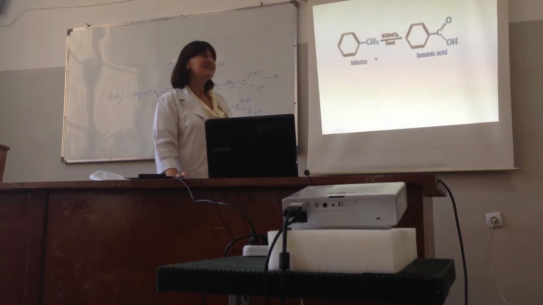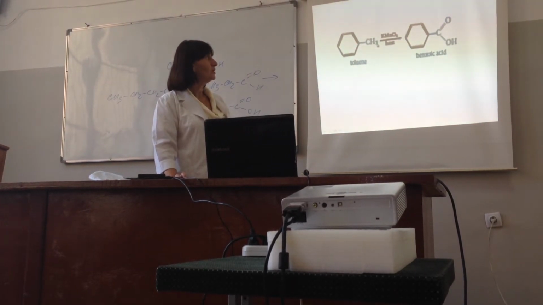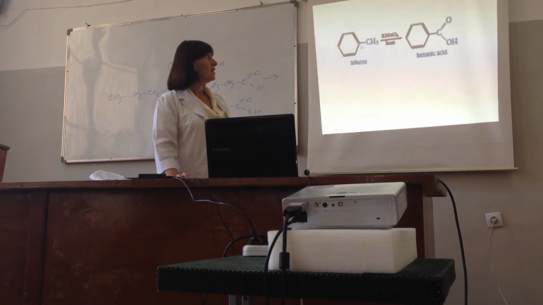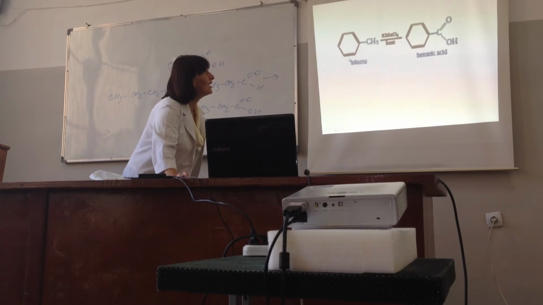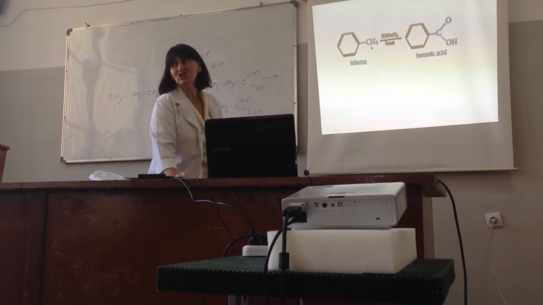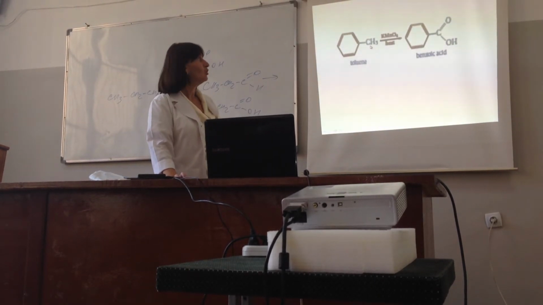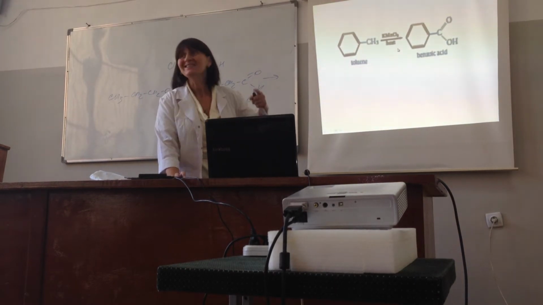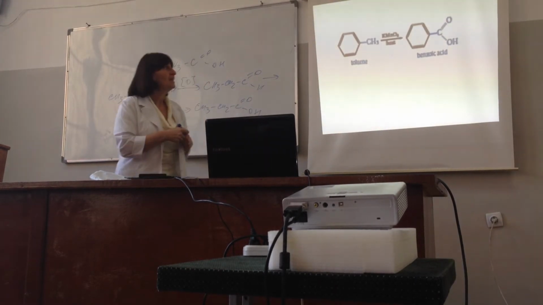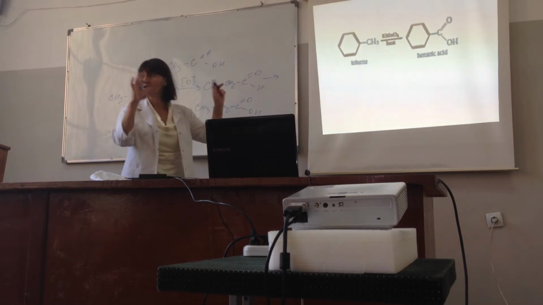Now, it's a very important reaction. Why? Because if your carbon which is bonded to the aromatic ring has an H atom, then after oxidation with potassium permanganate and heating, it converts into benzoic acid. And it does not matter how many carbons you have here with a benzene ring.